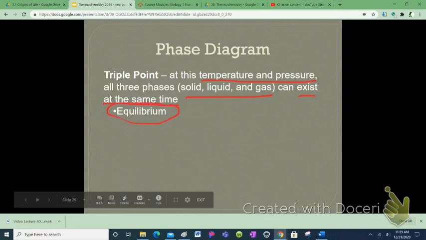Well, what is equilibrium? Equilibrium is not the same amount. When we say equilibrium, we mean the same rate of occurring.